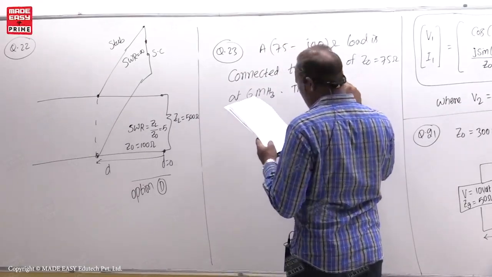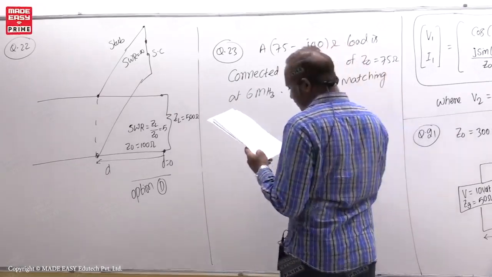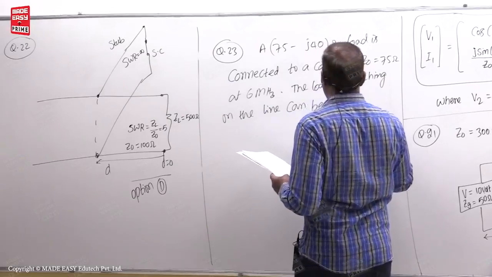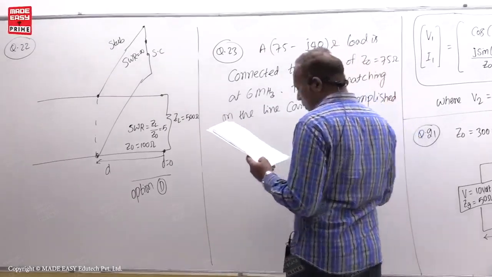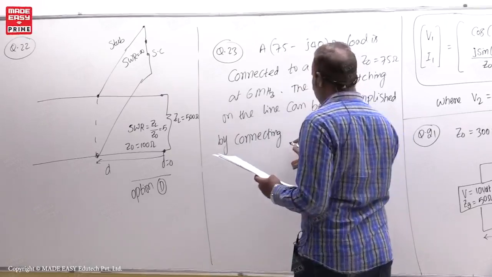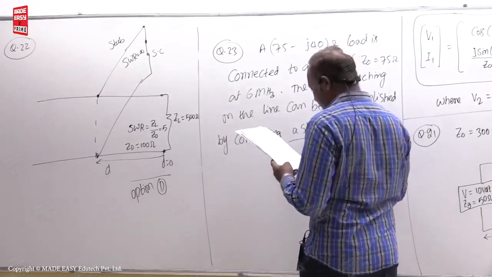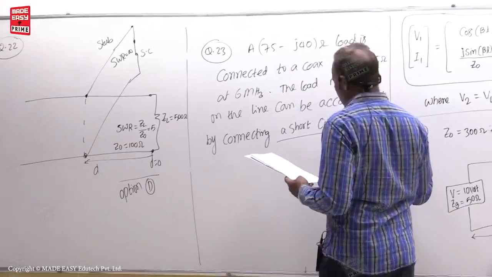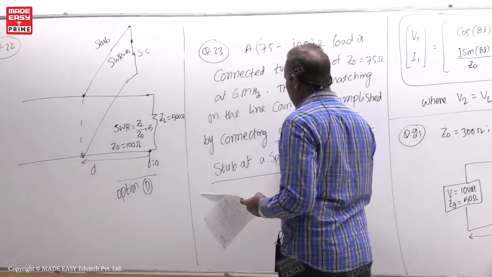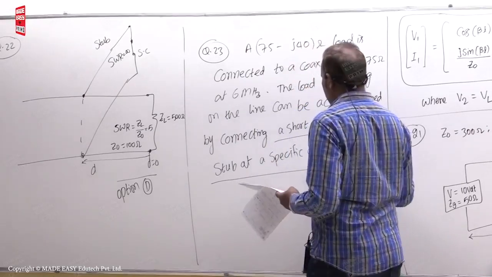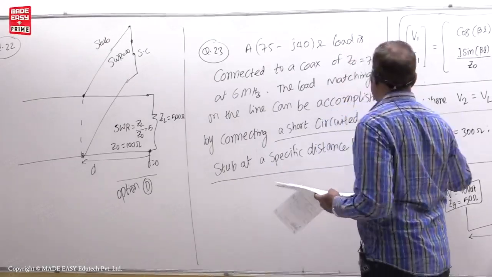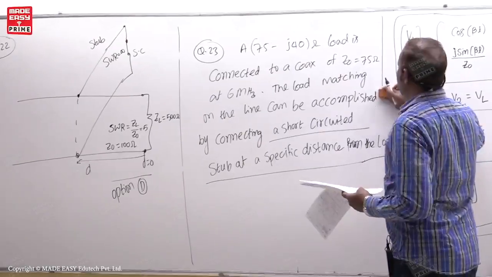The load matching on the line can be accomplished by connecting a short circuited stub at a specific distance from the load. So this is nothing but single stub matching.